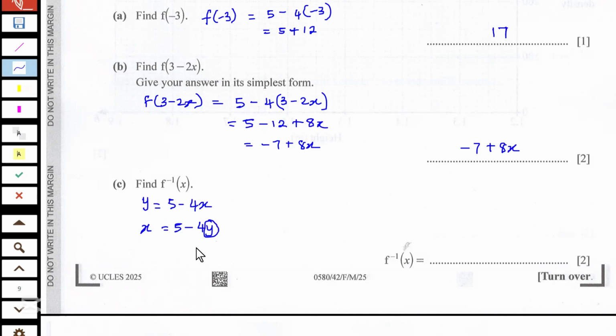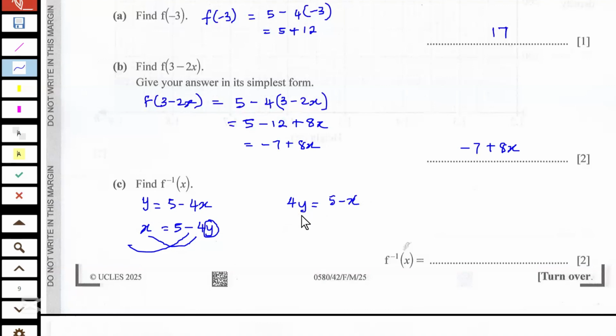To make y the subject, it means that we have to rearrange the equation in such a way that if you move negative 4y to the left-hand side and x goes to the right-hand side, negative 4y becomes positive, and we're left with 4y equal to 5 minus x.